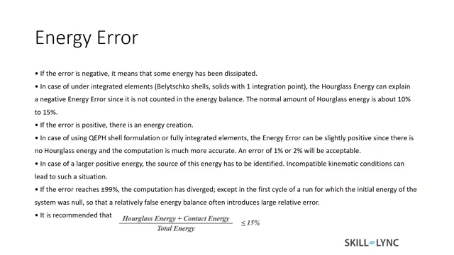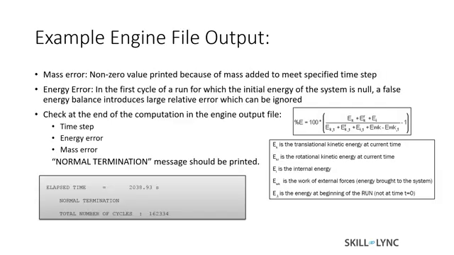To explain further about energy error, if the error is negative, we know that some energy has been dissipated, because ultimately the energy error is calculated with this formula, and this EK, EKR and EI are the instantaneous energies, internal and kinetic and rotational kinetic energies, whereas the energies in the denominator are all the initial conditions. So whatever is current upon initial minus 1, that gives us the percentage.